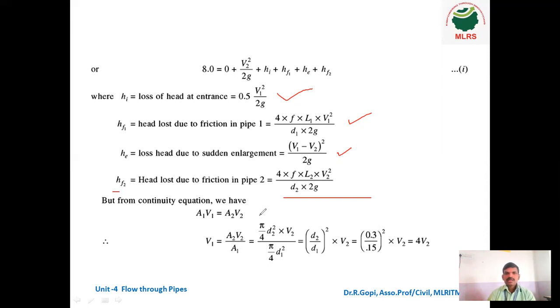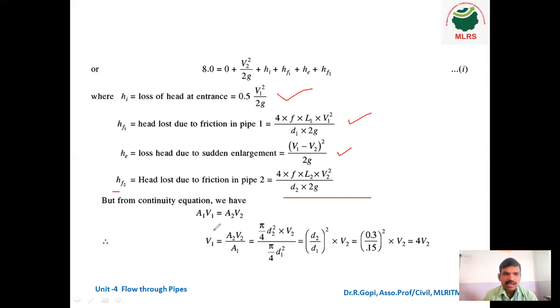But we can't know V1 and V2. There are two unknowns, and it is not possible to calculate two unknowns. So for that purpose, we keep one unknown in terms of the other unknown.